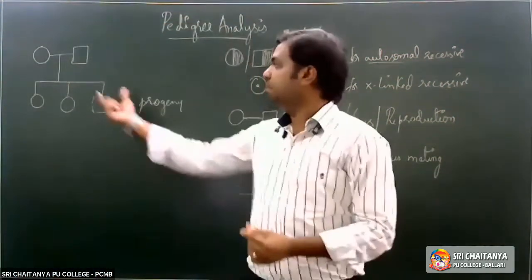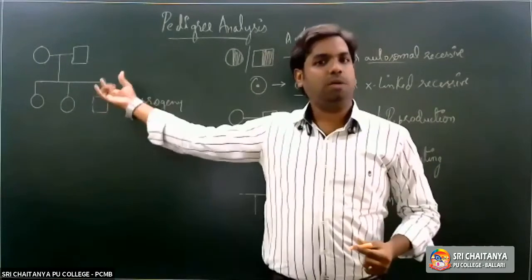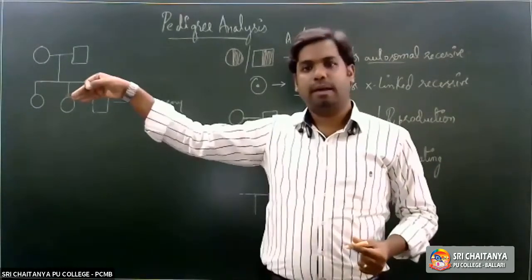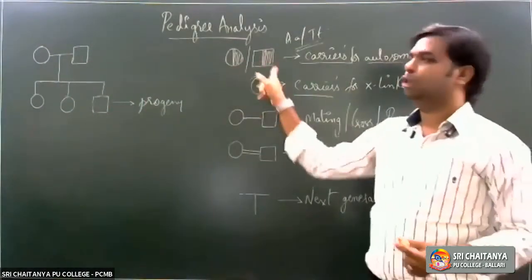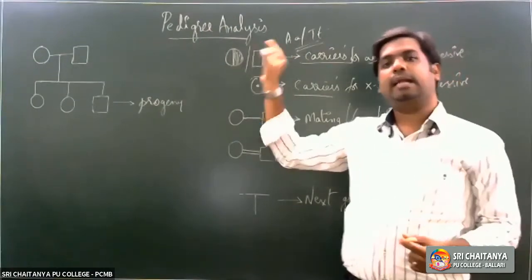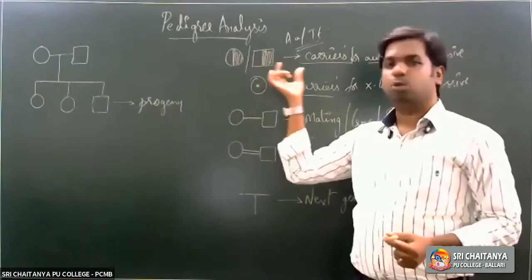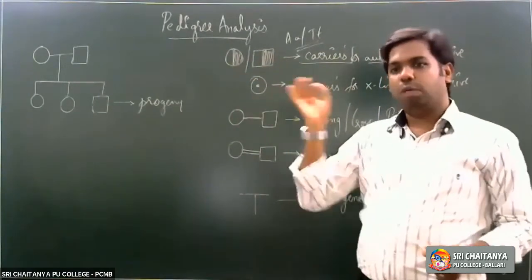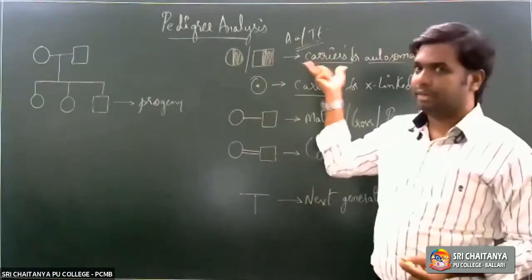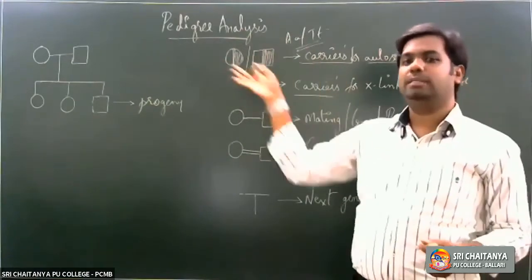If the square is completely solid, that denotes an affected male. And if it is half solid, that indicates these individuals are heterozygous male and heterozygous female. We usually use the term carriers with regard to the heterozygous nature.